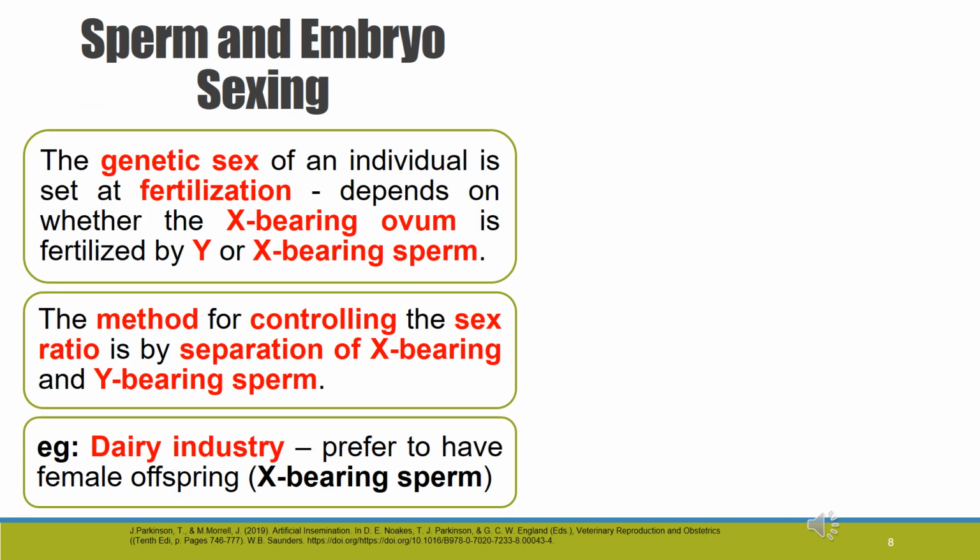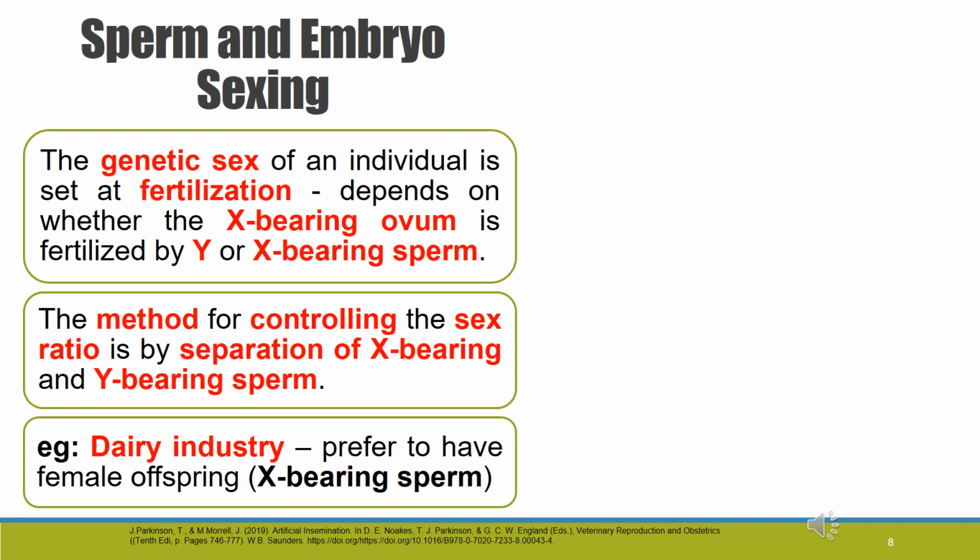Sperm and embryo sexing. The genetic sex of an individual is set at fertilization, and it depends on whether the egg-bearing ovum is fertilized by Y or X-bearing sperm. The method for controlling the sex ratio is by separation of X-bearing and Y-bearing sperm.